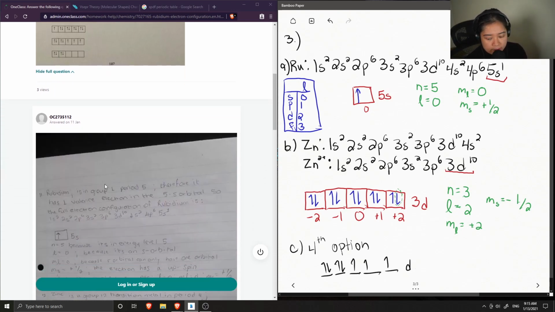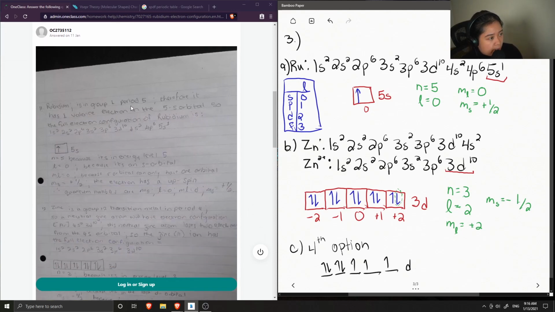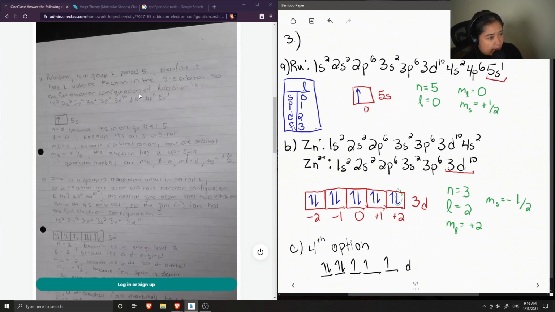So now let's see what the junior tutor said. Rubidium is in group 1, period 5, therefore it has 1 valence electron in the 5s orbital. So the full electron configuration of rubidium is the following. Yep, so that's correct.